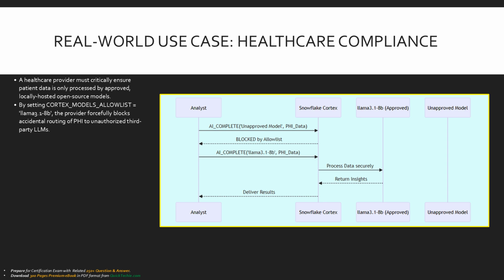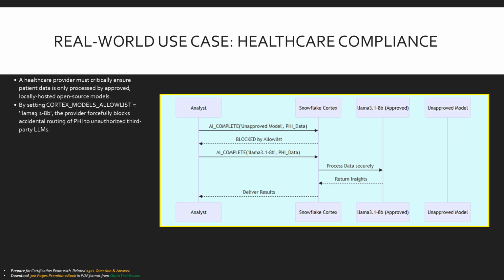To enforce this instantly across thousands of concurrent users, the account admin sets the CORTEX_MODELS_ALLOWLIST to exclusively allow Llama 3.1-8B. Now, even if a junior analyst mistakenly writes code requesting an external proprietary model, the Snowflake platform intercepts and blocks it immediately.